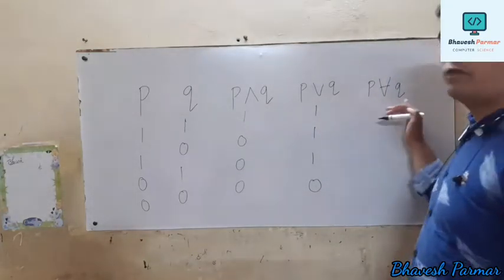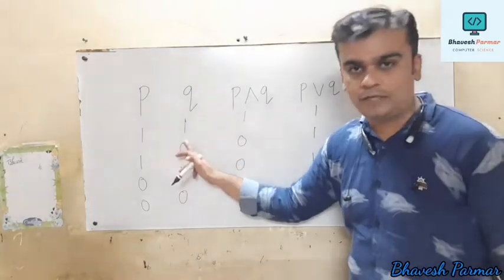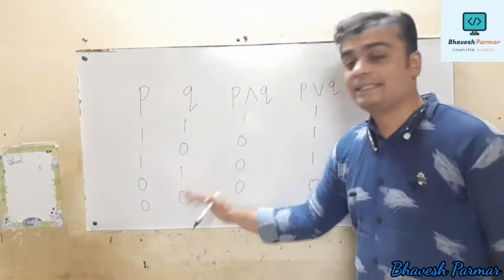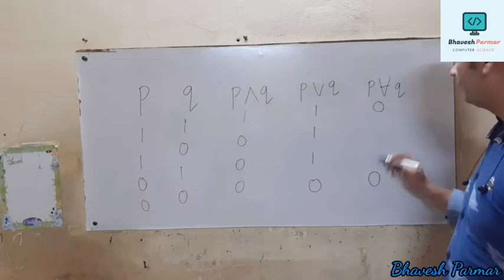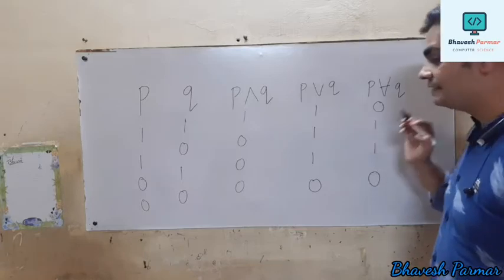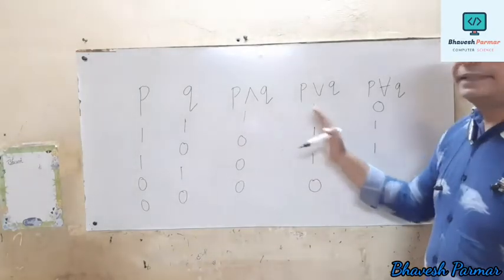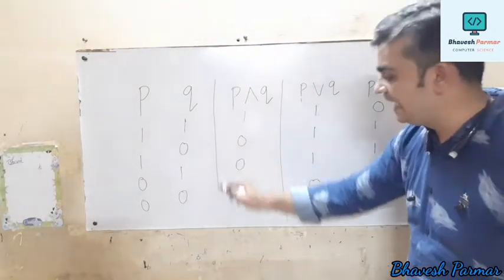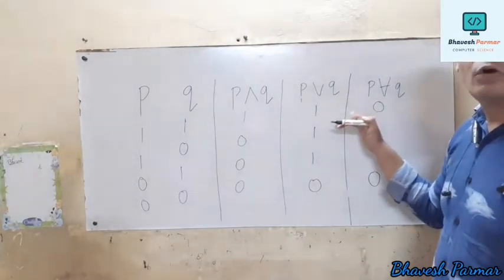But in case of exclusive OR, if we have the same input, that is 11 and 00, in that situation we say that for the same input, the output should be 0. For different input, that is 10 and 01, the output should be 1. So this is the basic set of rules for performing the logical AND operation, logical OR operation, and exclusive OR operation.